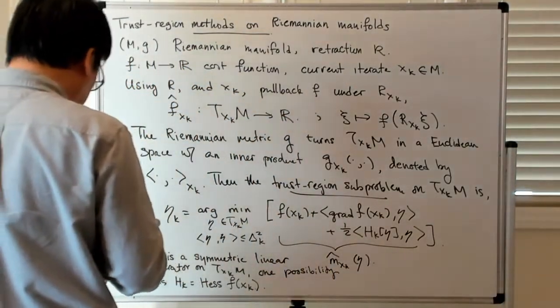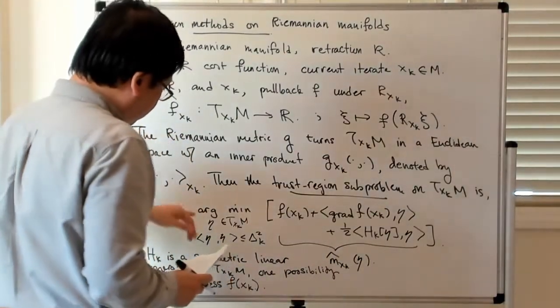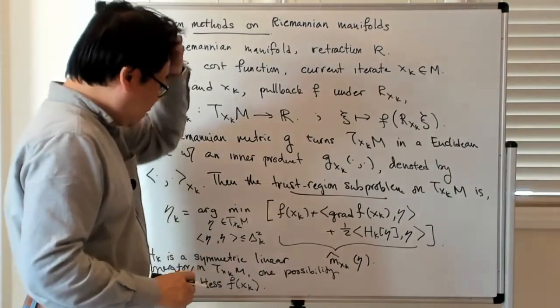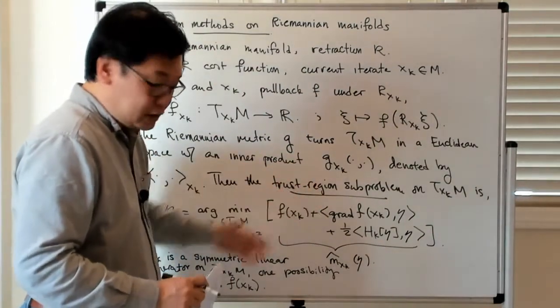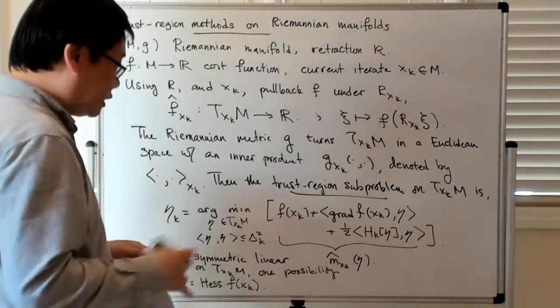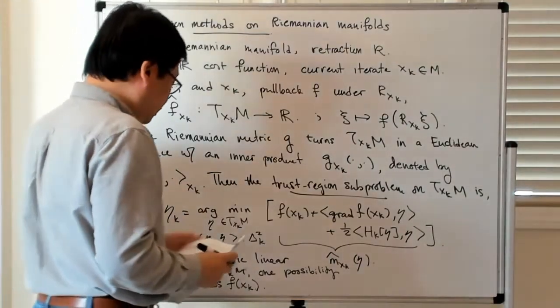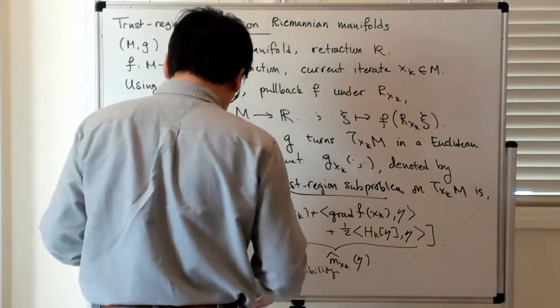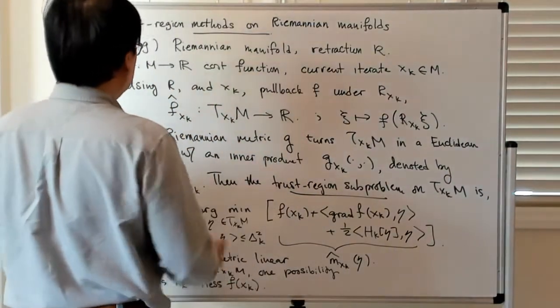Of course, in order to compute this arg minimizer, you need to have some sort of iterative scheme to solve this at least approximately, and we call this the inner iteration, if you will.